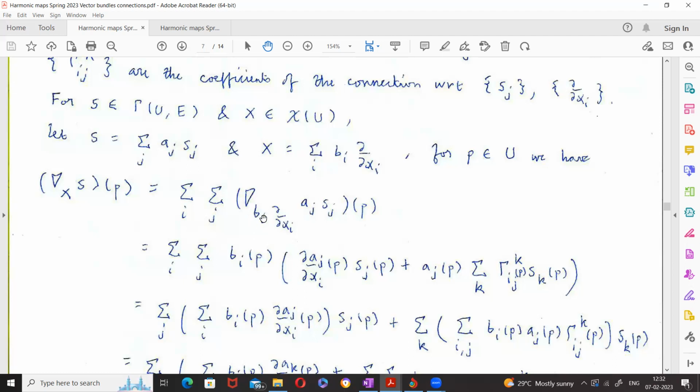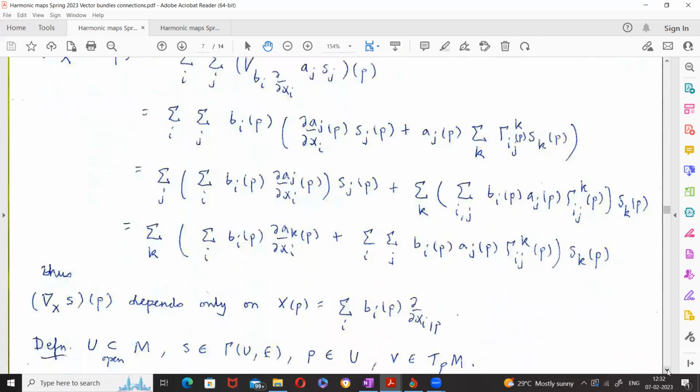So this Bi is going to come out. And then I'll have nabla del xi of Aj, Sj. So by the Leibniz rule in the second variable, this will become del Aj del xi into Sj plus Aj into nabla del xi of Sj. That by definition is the sum over K, gamma ijk Sk, right? So then it's just a matter of grouping together the terms.